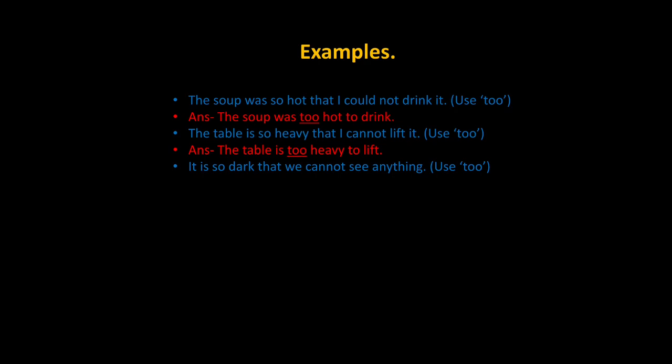Now number 3: It is so dark that we cannot see anything. The word "cannot" indicates a negative sentence, and "so that" is there. We remove "so that" and use "too" instead. So the answer is: It is too dark to see anything.